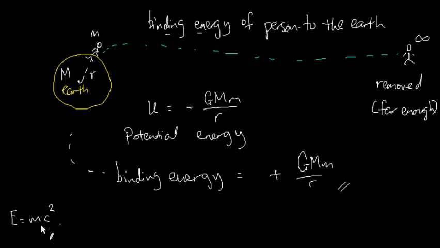This m is the equivalent mass of the energy increase, whereas that m is the mass of the person. To clarify this, I'm going to add a little subscript to remind myself that it is a different mass.